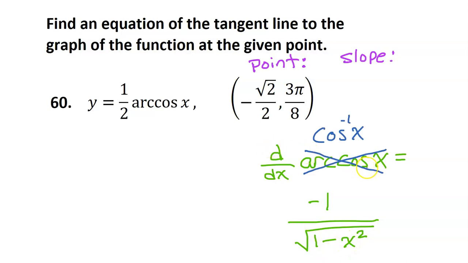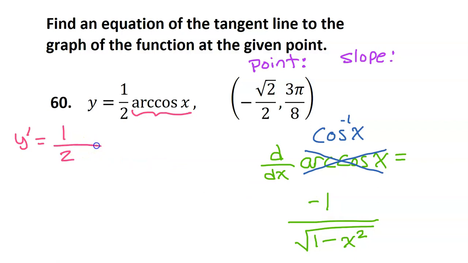Also, please understand that you will sometimes see arccosine written as inverse cosine with the -1 superscript. These are two ways of writing the same exact thing. So anyway, if I want to find the derivative, y prime, I will leave the 1/2 constant alone in the front, and now I'm taking the derivative of arccosine x, which I just showed you is this expression.